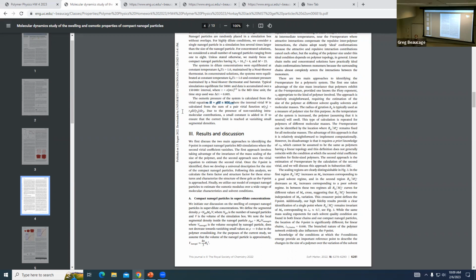U is like a 6-12 potential, and the x-axis is r. You're somewhere on r, so you get a potential there and a force there. The derivative of that energy is a force. If you multiply that force by the distance between the two particles, you get the energy that's pulling the particles. So this little w is the energy that's pulling the particles.